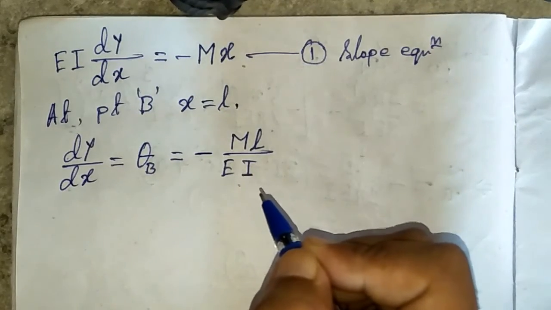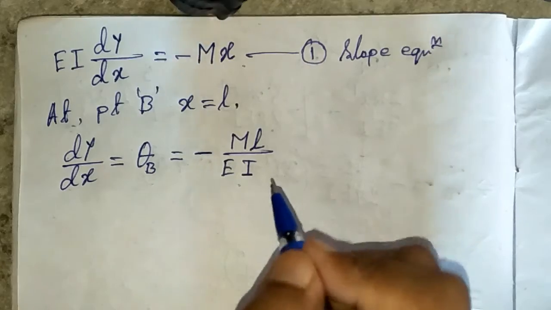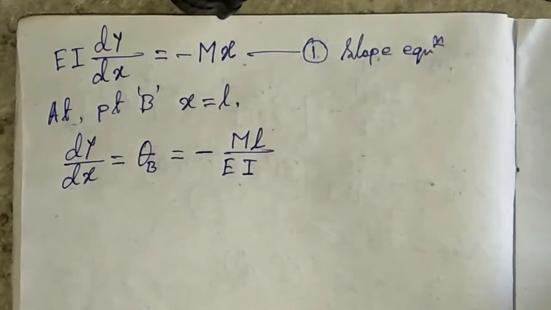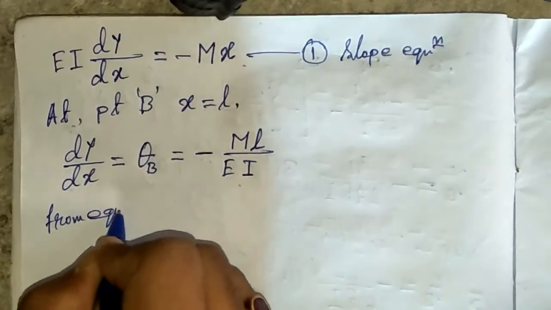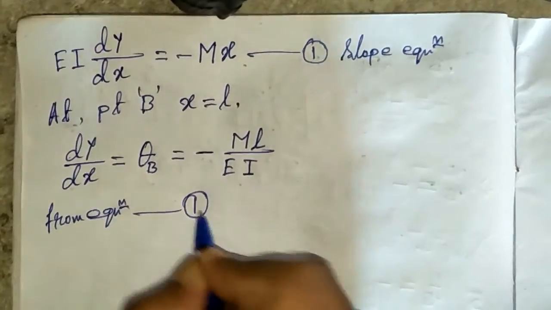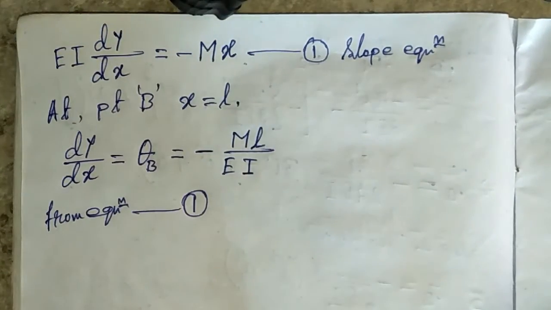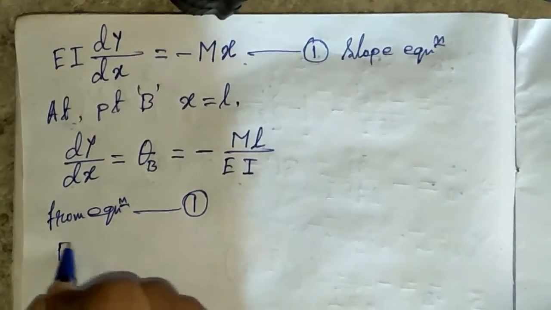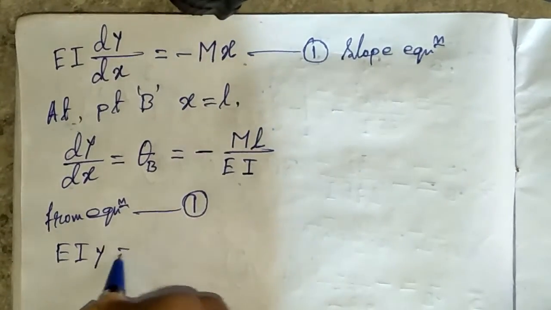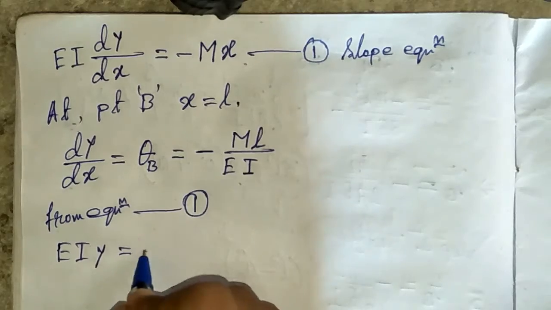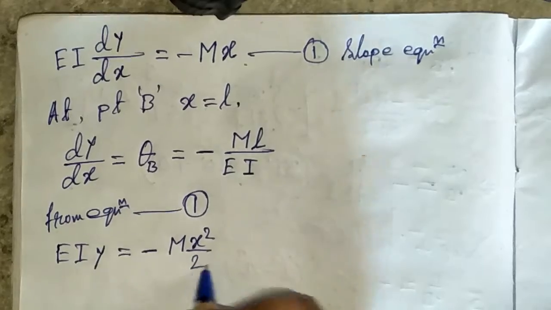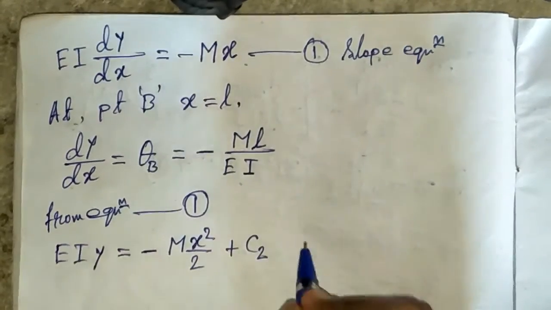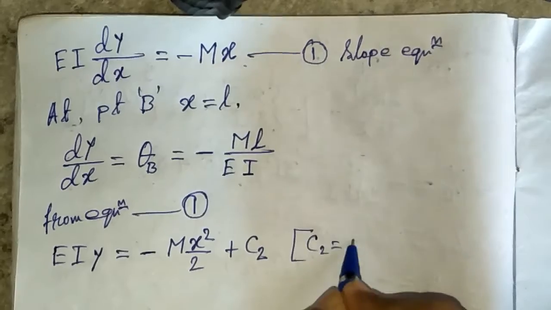Again, by integrating equation number 1, we get EI into y equals minus M x square by 2 plus C2, where C2 is the integrating constant or simply a constant.